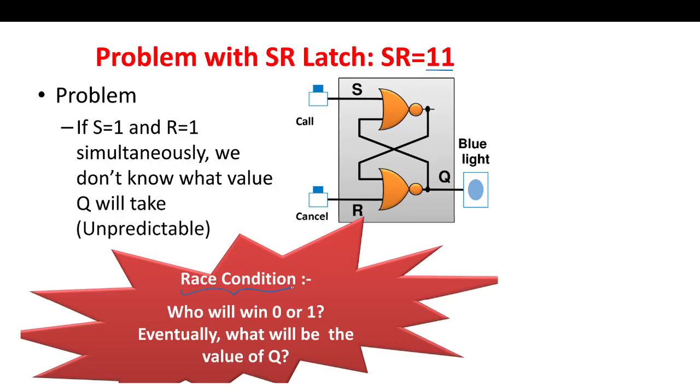So what is race condition? If we give 1 1, we said if any one input is 1, the output should be 0. Now, if this gate is performing faster than this gate, then this gate output will come to 0. And for 1 0, output is 0.